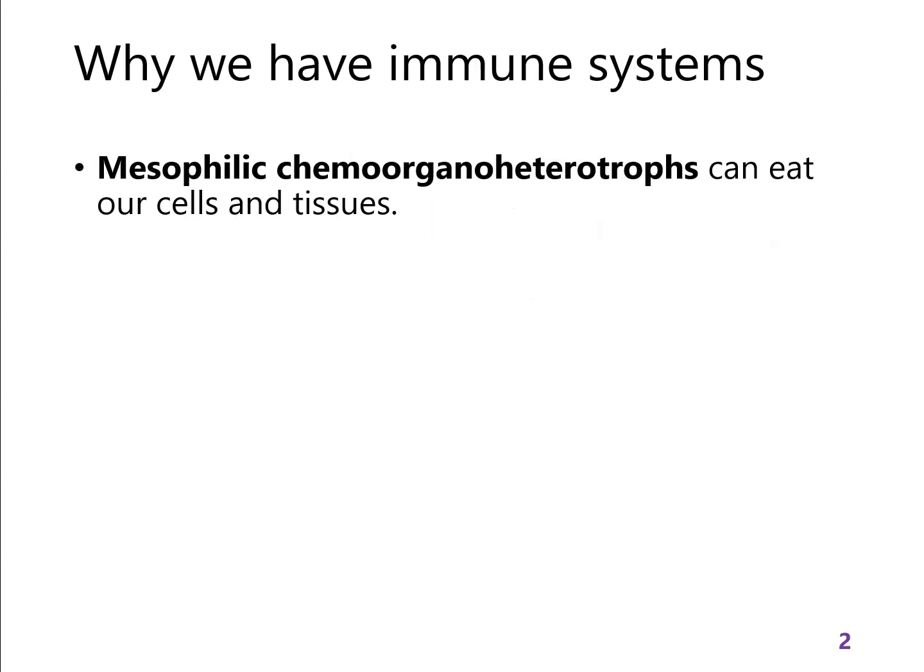Why do we need immune systems? It helps to start with this. When we start by asking these questions, we can be thinking in the right way. So these are the organisms that can eat us quite easily. Our cells and tissues are made of lots of nutritious molecules like nucleic acids, proteins, lipids, carbohydrates.